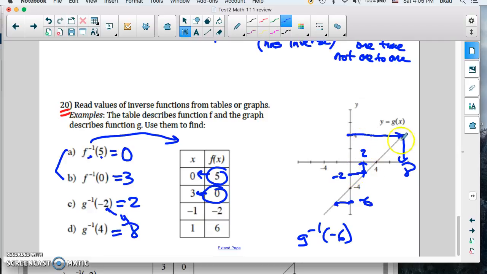These we were reading to the right because the graph was on the right. But you can also read to the left, and that one would be negative 2 for the x value. Okay, so you read to the graph left or right, and then find the x value for that. Alright, so that's problem 20. So we're going to end there on this video, and we'll continue with the other video on the other problems.